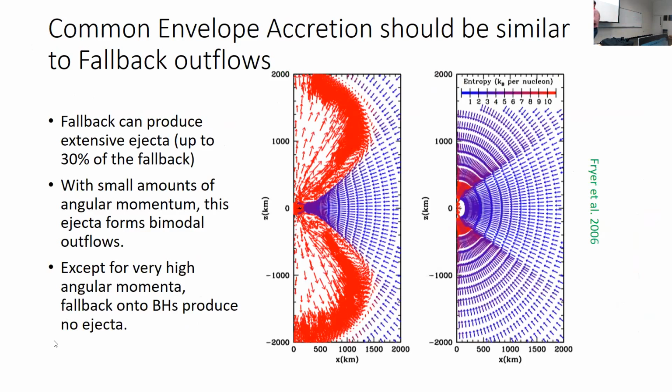And I wanted to spend my last little time discussing the nuclear physics from neutron star mergers, because I think we might be able to produce some interesting elements or isotopes during the neutron star common envelope environment. For these common envelopes, for fallback, we get really dense flows.